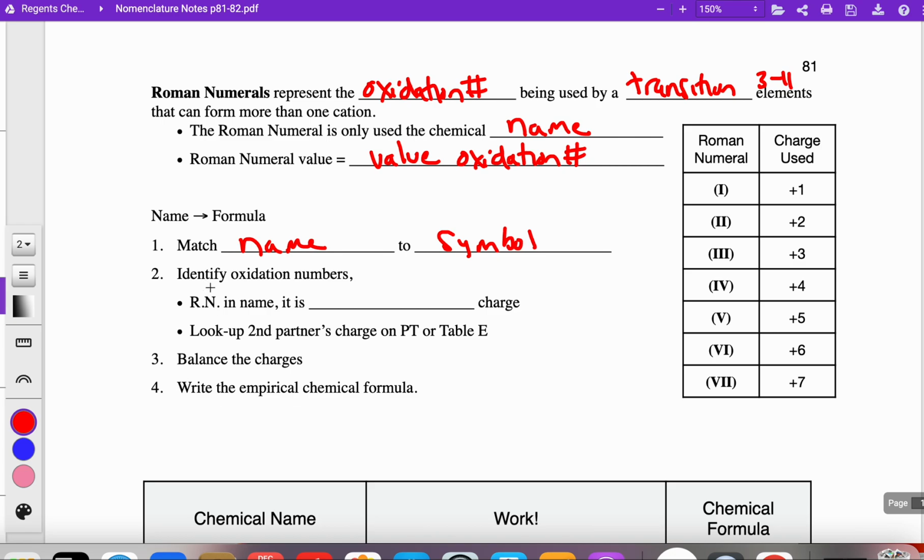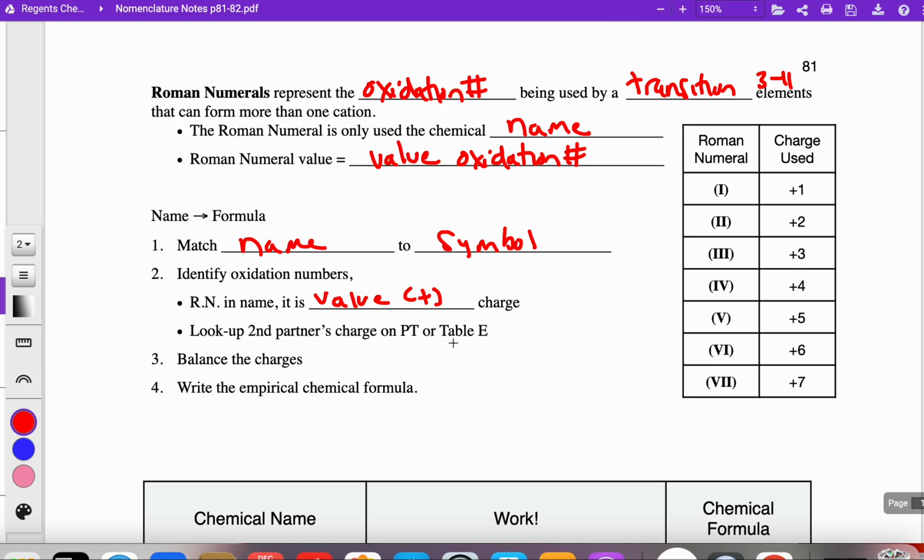In order to come up with the correct formula, we have to know oxidation numbers. The Roman numeral in the name is the value of the positive charge. Then we need to look up the second partner's oxidation number or charge. If it's an element, find it on the periodic table.